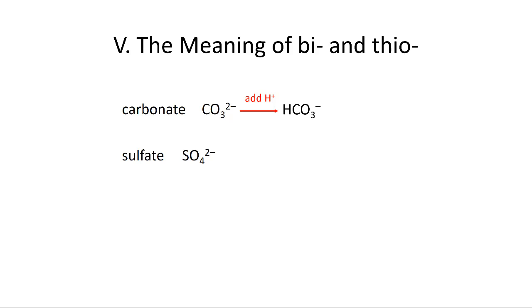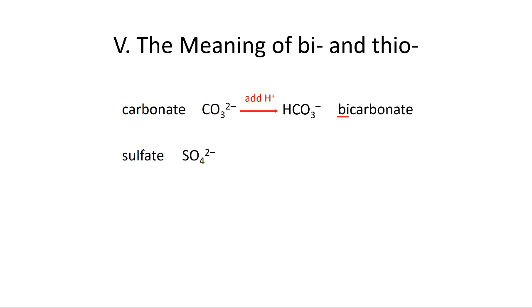One common way to name this would be to call it hydrogen carbonate. There's nothing wrong with naming it that way, and in fact, some people will name it that way. However, it's not the most common way to name it, and it's not what I usually call it. So it's really useful to know what most people, including your chemistry teacher, are going to call it, and that is bicarbonate.